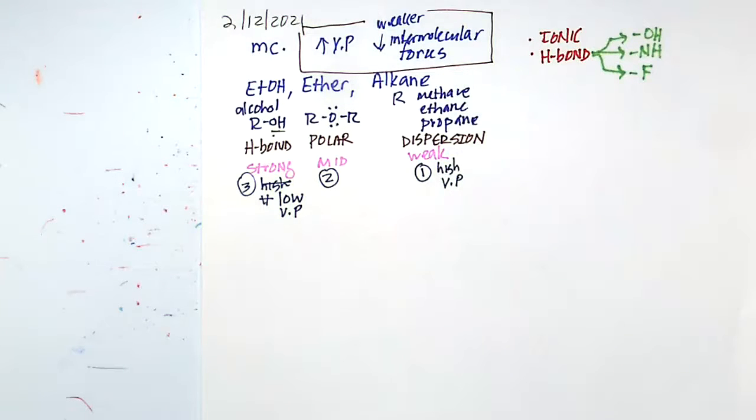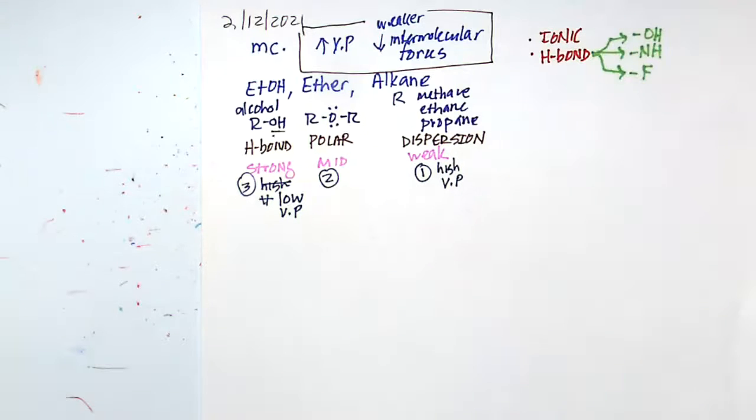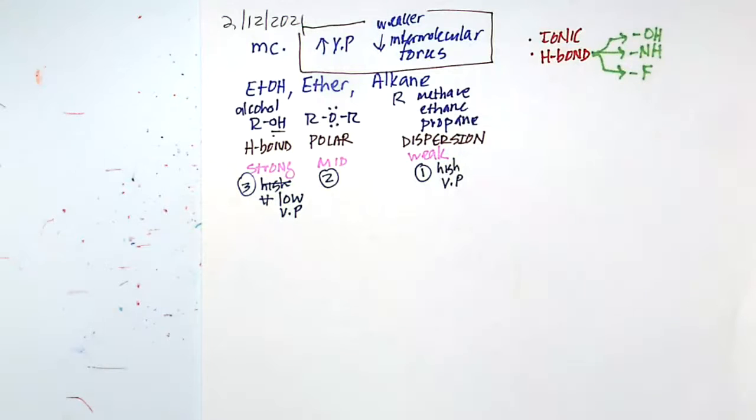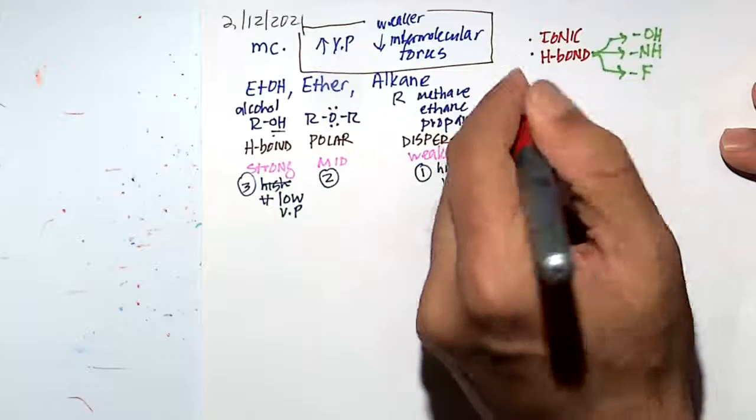Fluorine. Fluorine is not really found in our body a lot, but in other chemistries that the other professors teach, anything with a fluorine has the potential to hydrogen bond with a hydrogen somewhere else on the molecule. It could be its own molecule. Remember, water can hydrogen bond to itself. So first, second, and then what's third? Right, polar or dipole, very good.